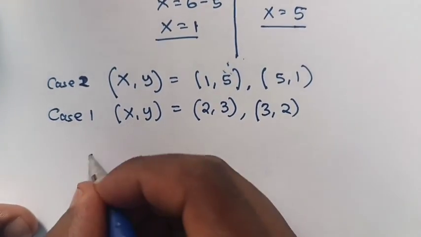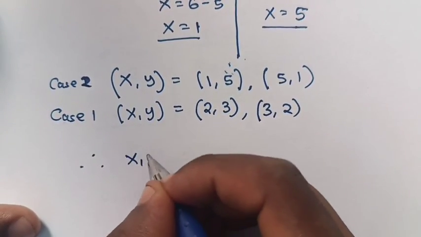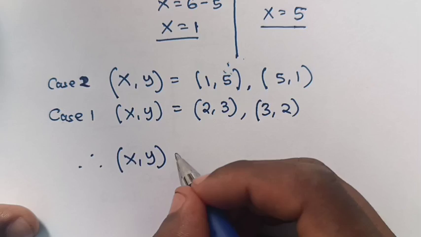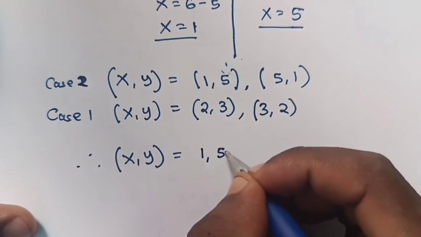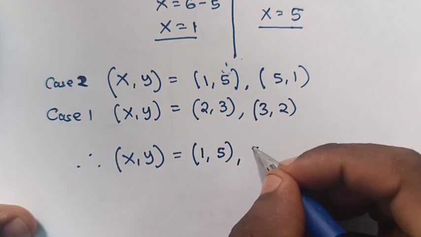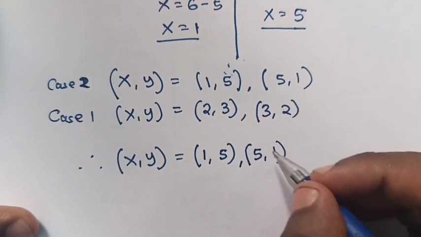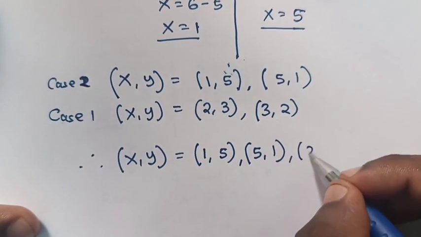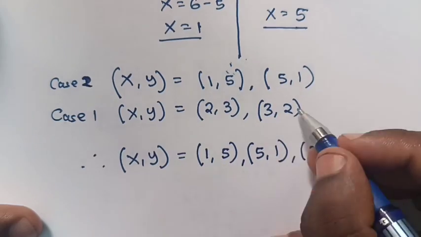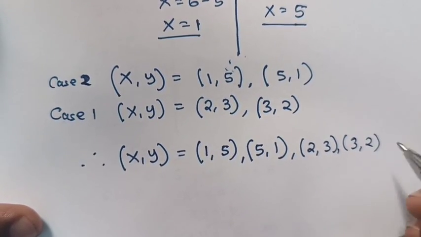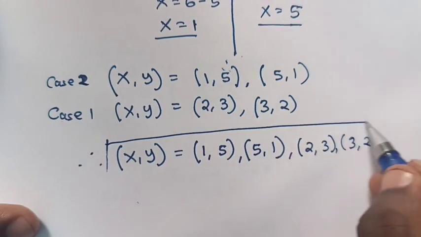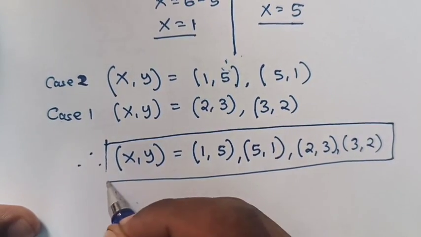Therefore the solutions for x and y are (1, 5), and here (5, 1), and here (2, 3), and here (3, 2). So these are the values of x and y.